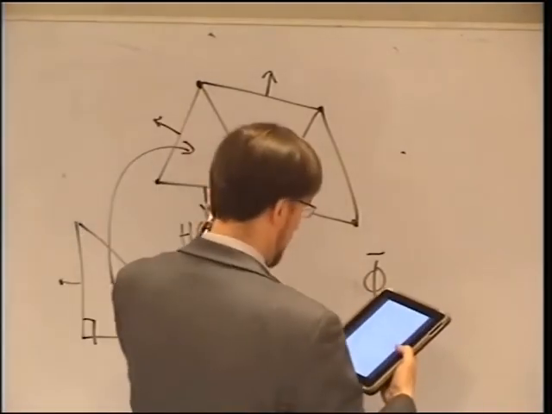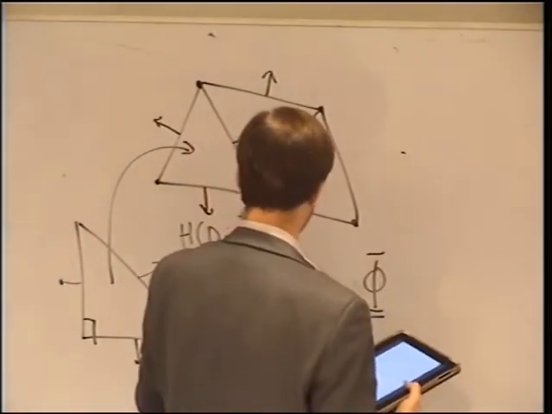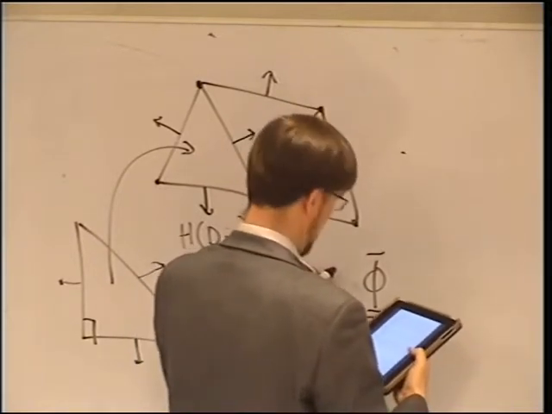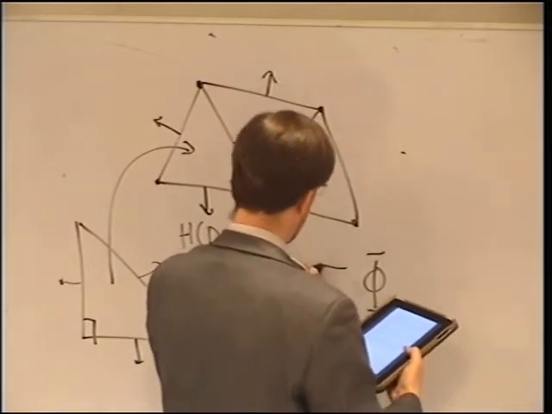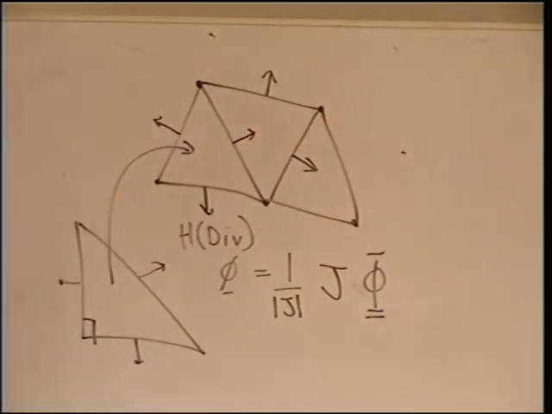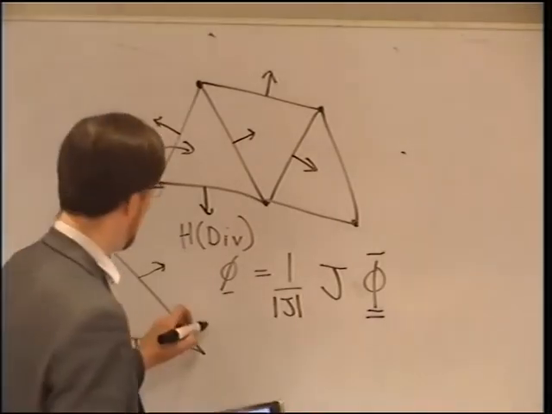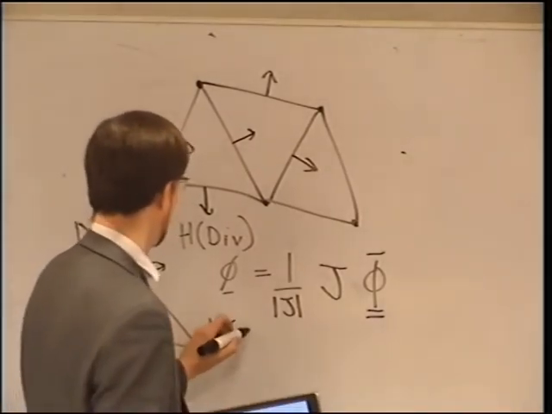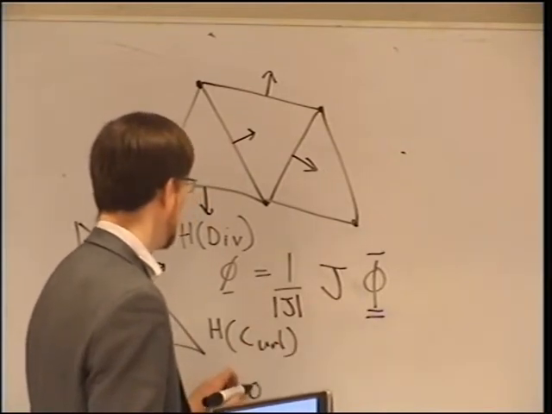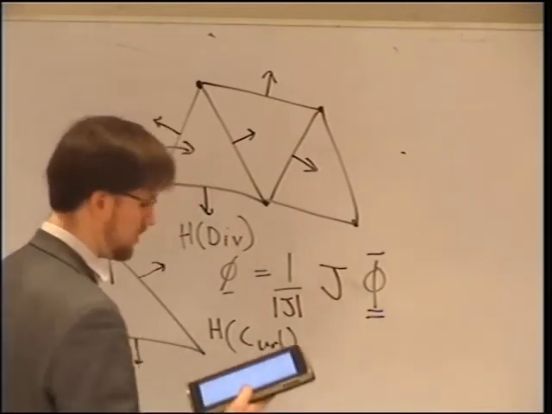And then the relationship between these is 1 over the determinant of J times J. That's called the contravariant Piola transform. And if I'm in H curl, then the transformation would go the other way around.